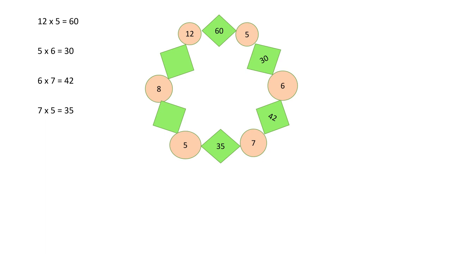Coming to the fifth green box, when we multiply 5 and 8, we get 40. And the last one, when we multiply 8 and 12, we get 96. So here we complete our magic hexagon.